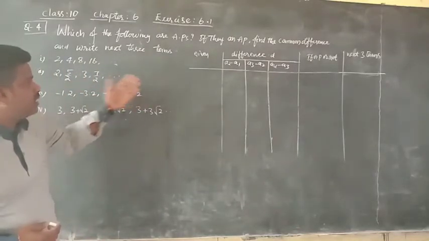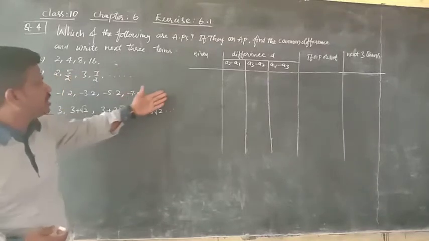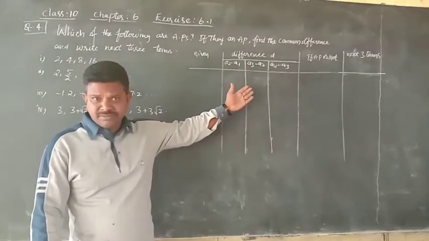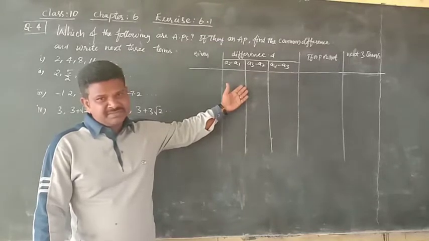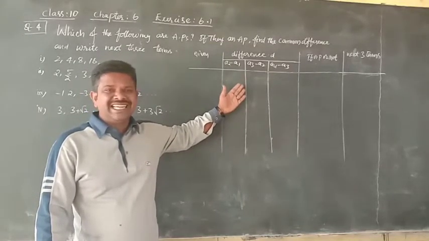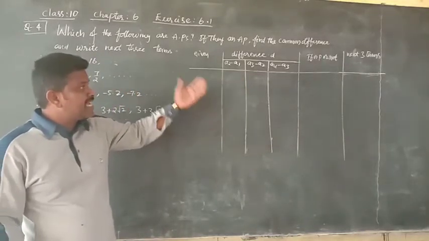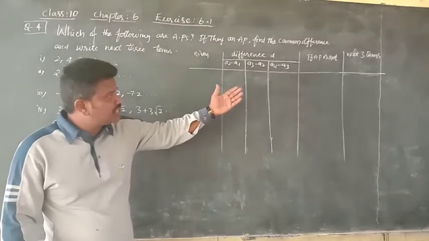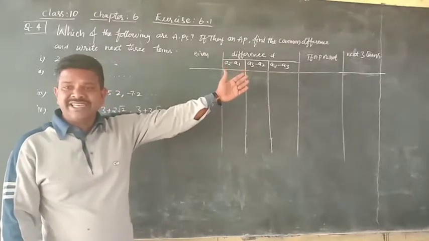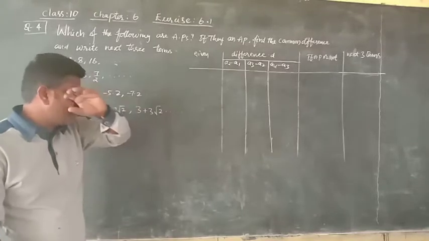To give the solution, we'll make this type of table. It is very useful to us. It gives clear information and clarity about the differences, and whether it is an arithmetic progression or not, and you can write the next three terms using this table.